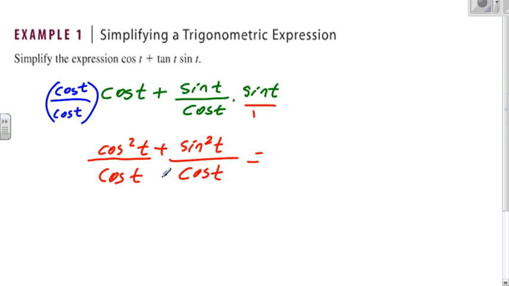So now that we have them with common denominators, go ahead and combine them. So we get cosine squared plus sine squared over cosine.